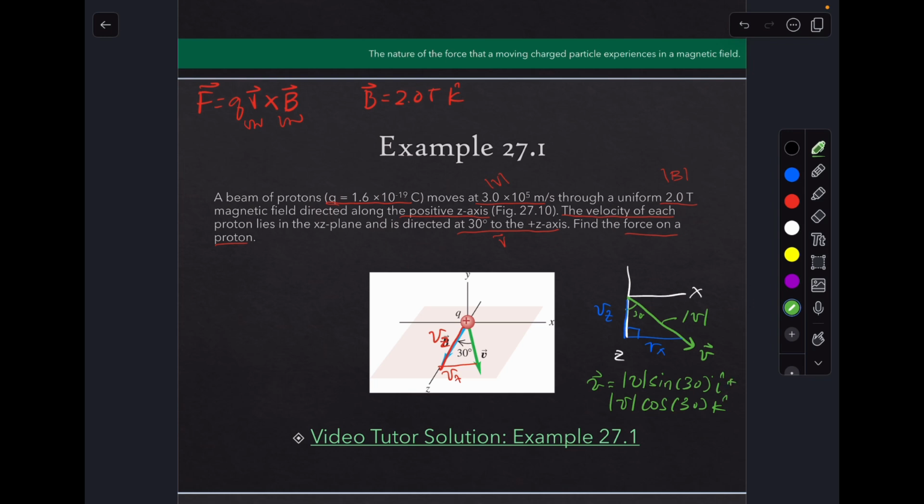They're both positive. So here are our two vectors. I'll just leave it as V sine and V cosine, and won't put the numbers in yet, because it takes a lot of space.